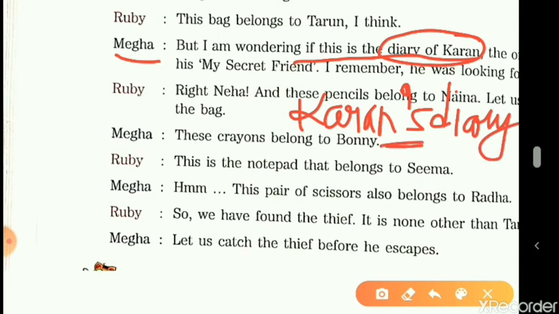So here we are showing the possession, that the diary belongs to whom? Karan. So we are using the sign of apostrophe, and apostrophe is followed by an S. So the sentence will be Megha, but I'm wondering if this is Karan's diary, comma, the one he calls my secret friend. I remember he was looking for it.